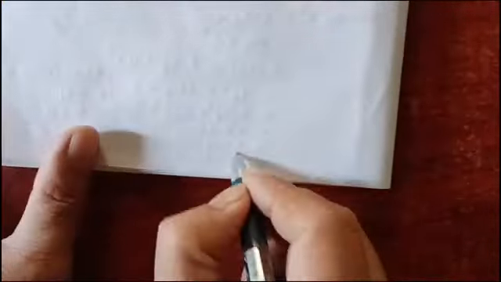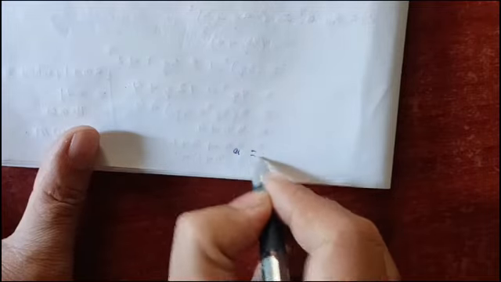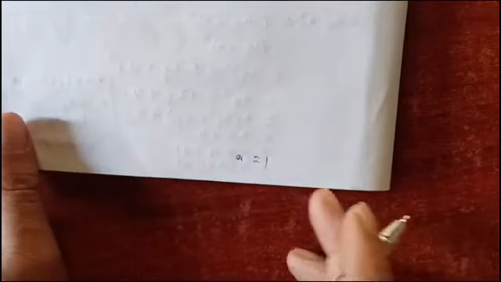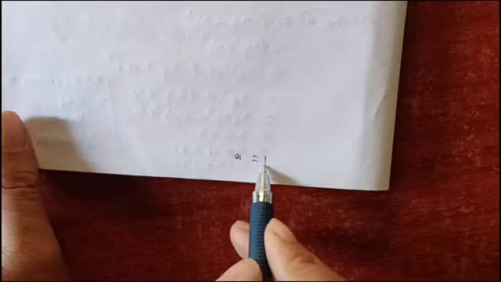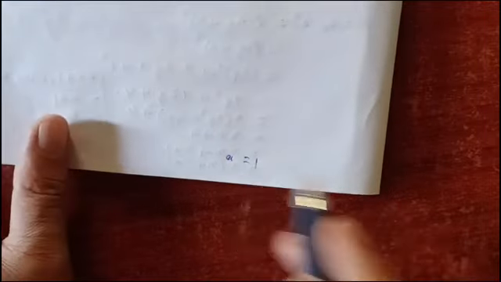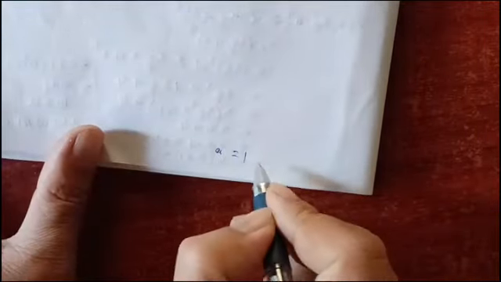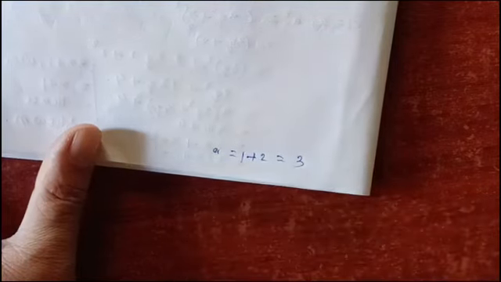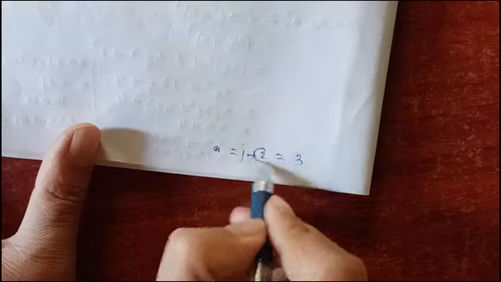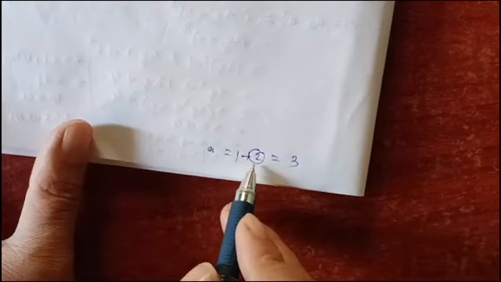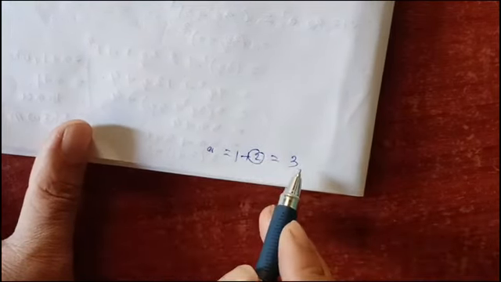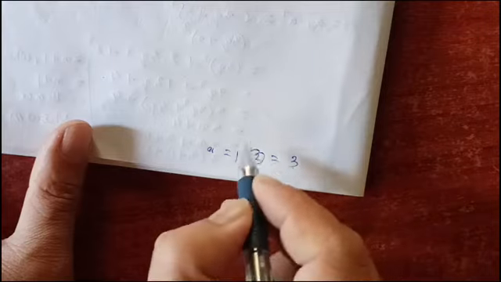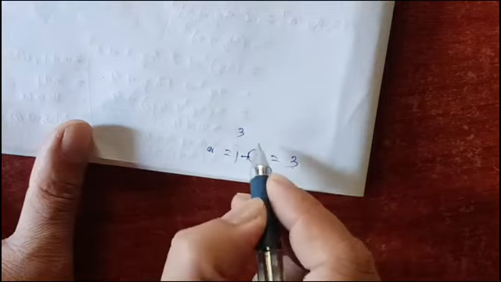Let me give you a very simple example. Suppose this a is 1. Since they say odd number, you know that 1 is an odd number. If you want to get the next odd number, if you add 2, we get 3. So we should add an even number if we want to get an odd number. So the next odd number is 3.